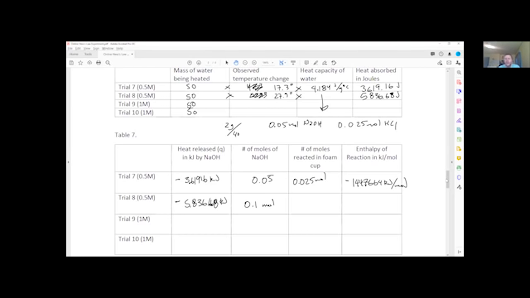Number of moles reacted in my foam cup. This is again 50 milliliters of a 0.5 molar solution, so it's still 0.025 moles. Now what I need to do is say 5.83668 divided by 0.025.